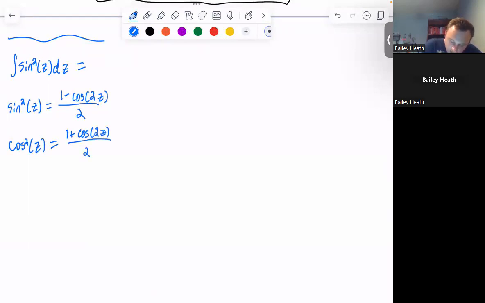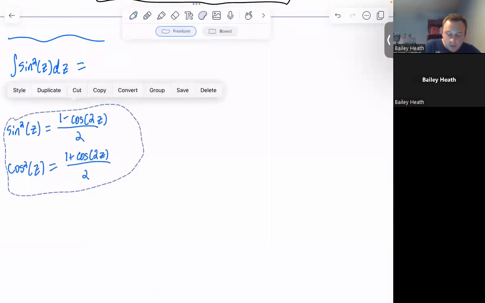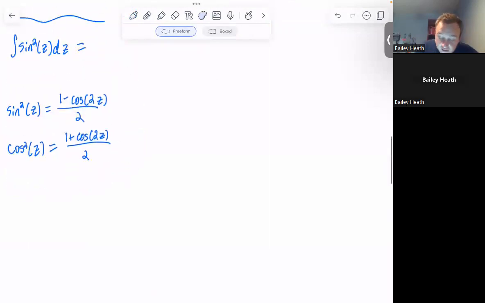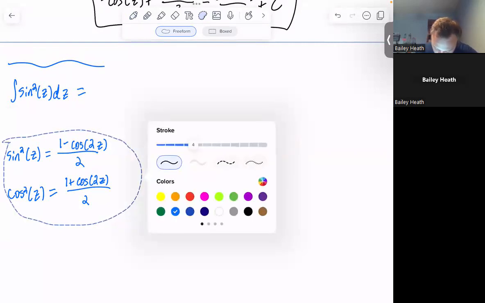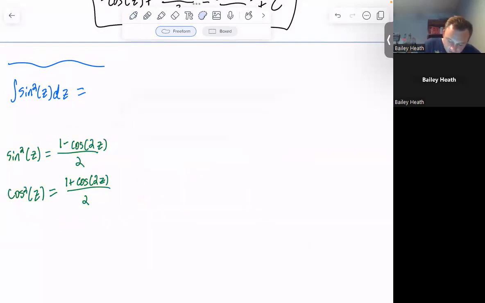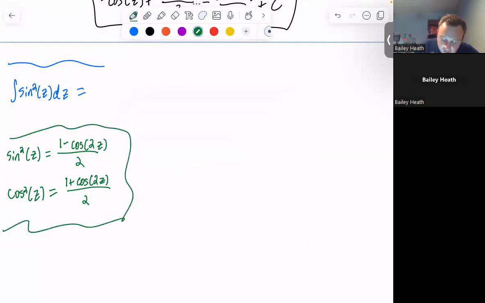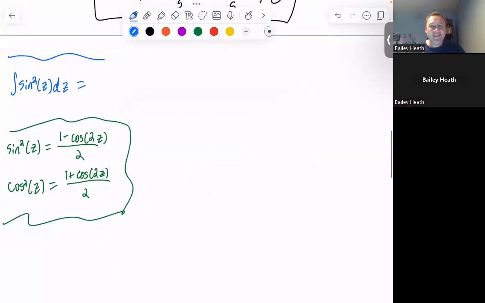So these identities are very important whenever you're integrating even powers of sines and cosines. Maybe I'll change the color here just to emphasize. We'll go with green here because these are good. You'll notice these two formulas look very similar, as my Math-152 students know.